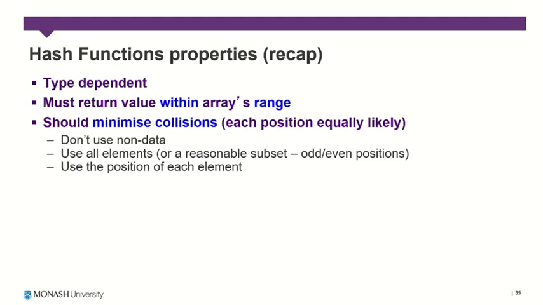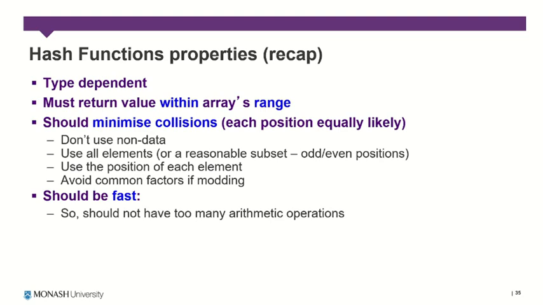We want to make sure that each position is considered to take that extra information. Avoid common factors when modding, whether that's the table size, for example, or the coefficients themselves. Like we said, it should be fast, so we should not have too many arithmetic operations, and it should still be linear in the length of the key. So basically you want your time complexity to be based on the length or size of the key.